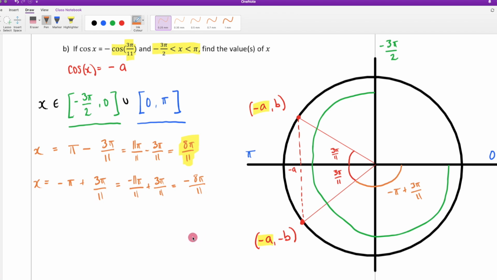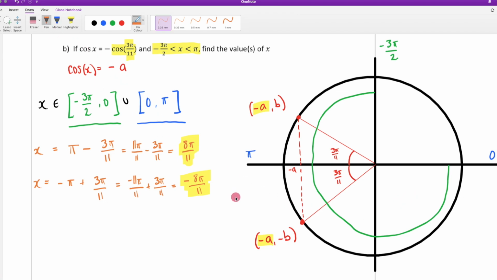And when you really think about it, that makes perfect sense, because if here to here is 8 pi on 11, then here to here is going to be negative 8 pi on 11. I have to be ever so careful in how I speak. There we go. So that is going to be my other one. Perfect. Let me rub that out.